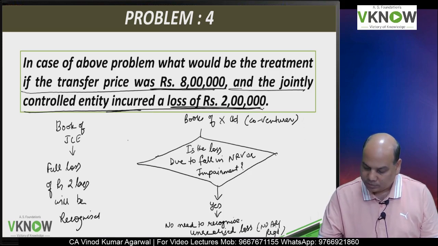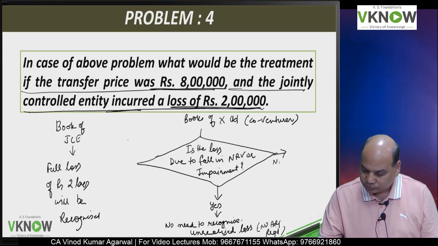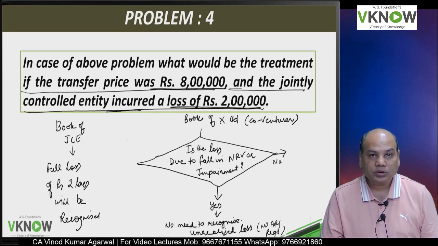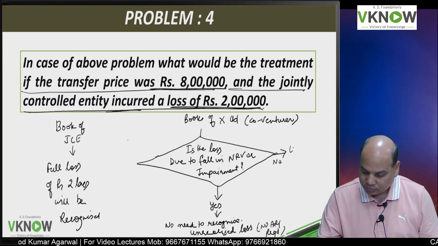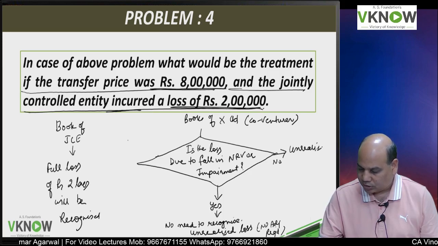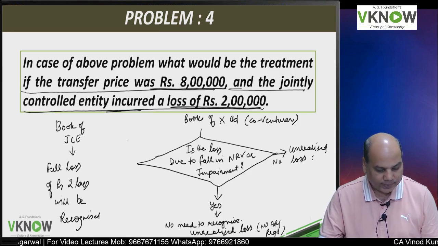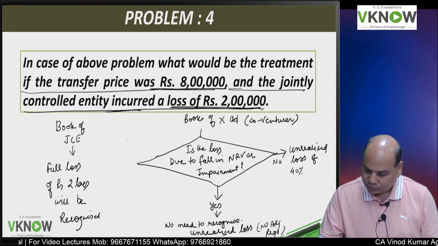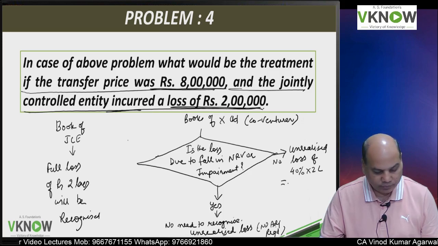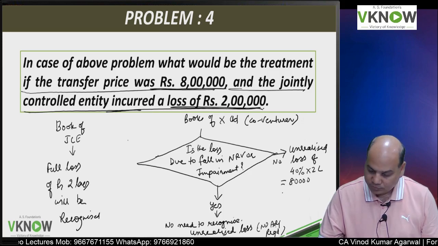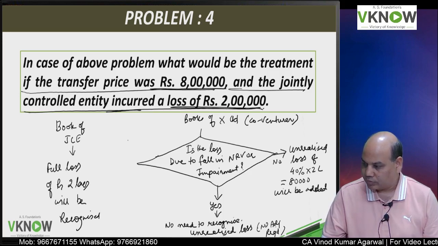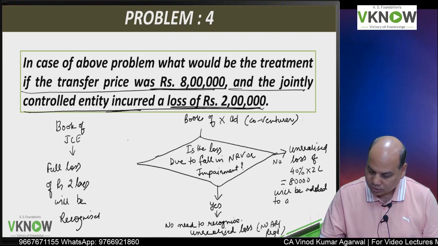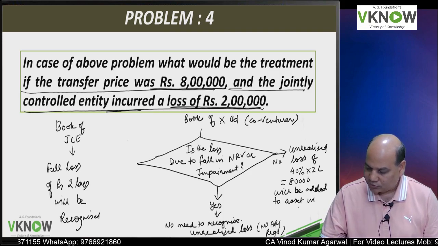No adjustment required. But if the loss is not due to decline in NRV or impairment, then unrealized loss of 40% of 2,80,000 will be added to asset in consolidated balance sheet.